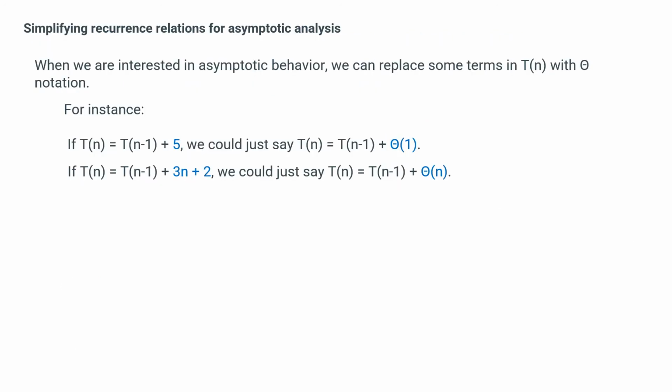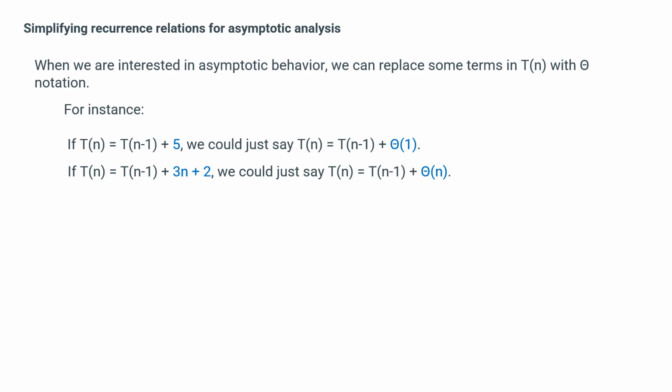So once we come up with a time complexity function, we sometimes need to be able to simplify that recurrence relation so that we can do some asymptotic analysis.